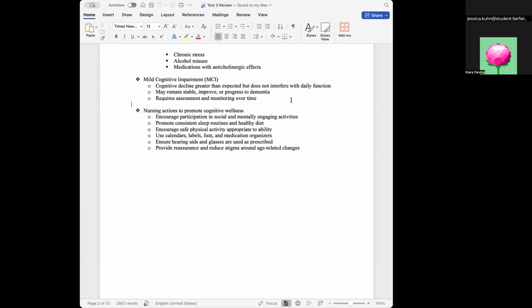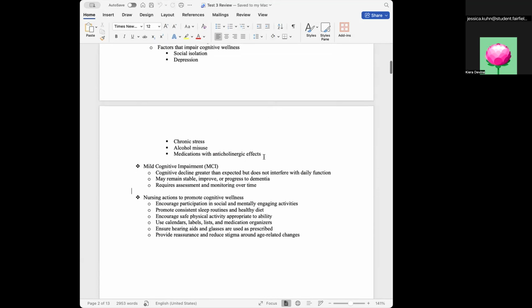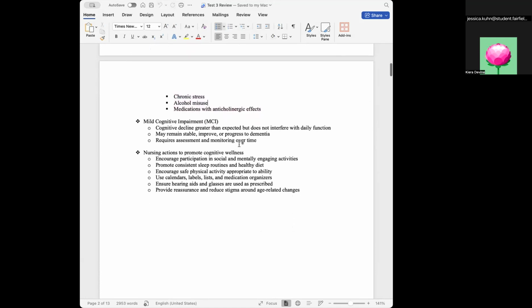These are the people that, if this is on their diagnosis list, they're kind of in that limbo. They have the opportunity, if they can, to come back from it, but if they were to fall into any of these cognitive impairment factors up here, we might lose them to a more progressive thing like dementia.